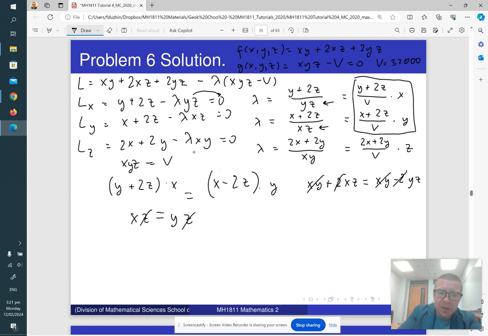So why can I do this? z does not equal 0 because I know that the product of x, y, and z equals v, which is not 0, which is 32,000 cubic centimeters, right? But if z were equal to 0, then the product of x, y, and z would be equal to 0, not to 32,000. So I can cancel by z because I know that it's not 0.